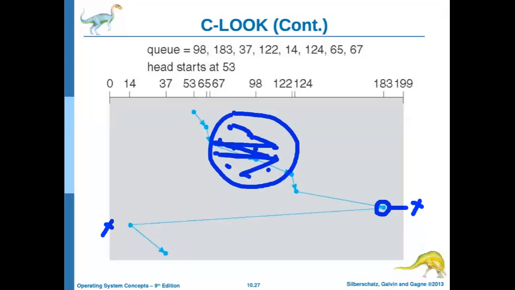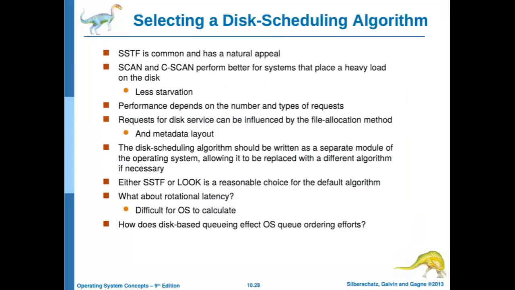Five algorithms with the same example we have just studied. Now we need to do some sort of analysis, like which algorithm to use, how to select the algorithm. Okay. So a few concluding remarks are there.